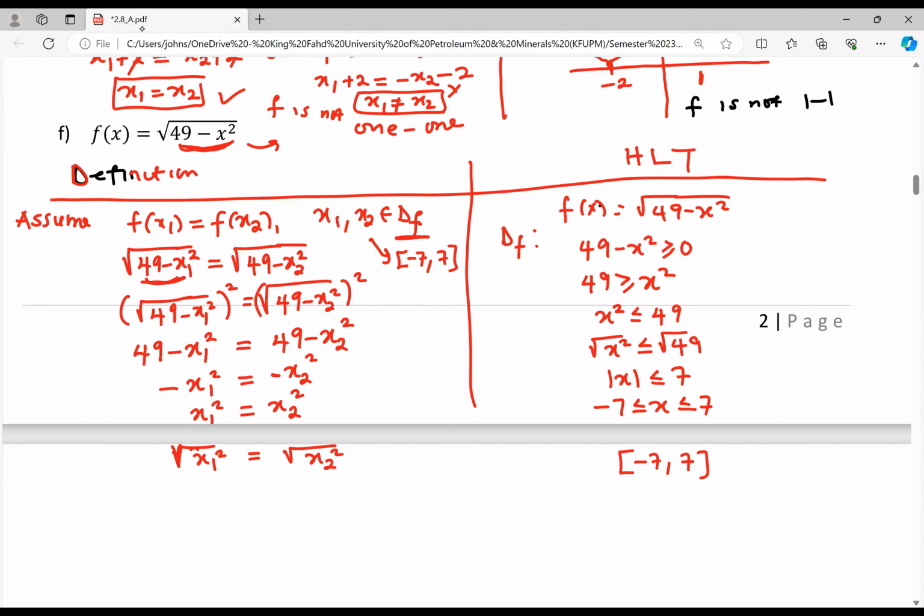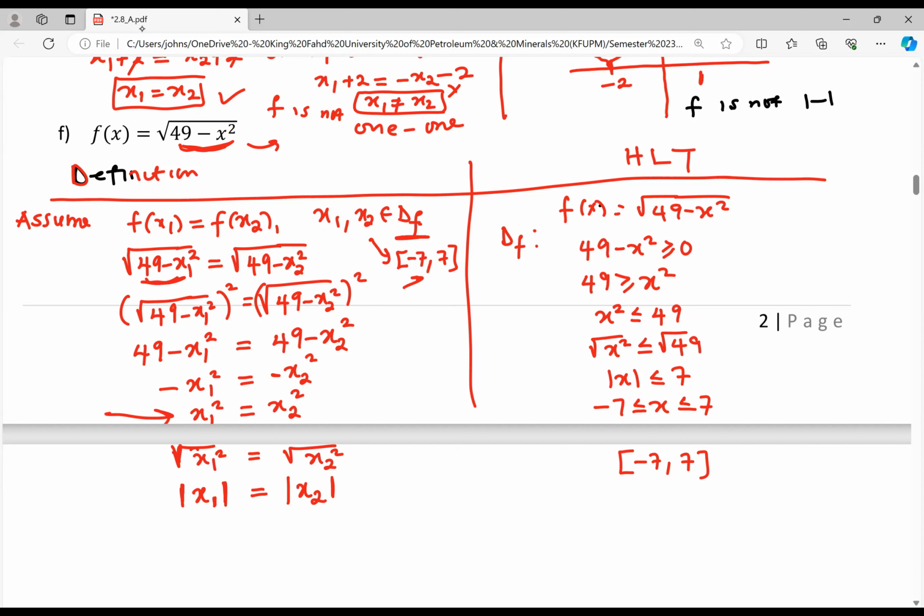But when we get to this point, we're only dealing with x1 and x2, and based on this domain, it means sometimes they could be positive, they could be negative. So you cannot neglect the absolute value in this case. So we have to use absolute value of x1 is equals to absolute value of x2.